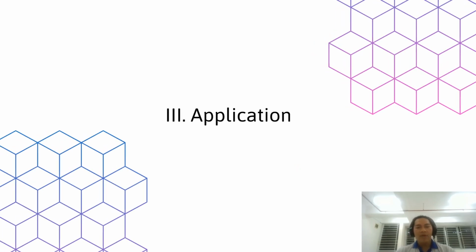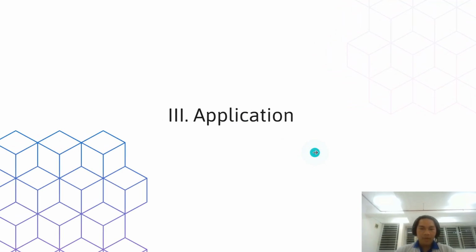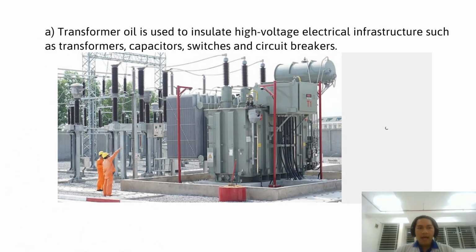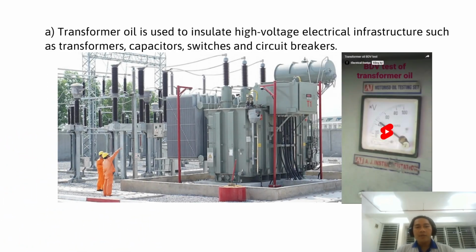Part 3, the application. Transformer oil is used to insulate high voltage electrical infrastructure such as transformers, capacitors, switches, and circuit breakers.